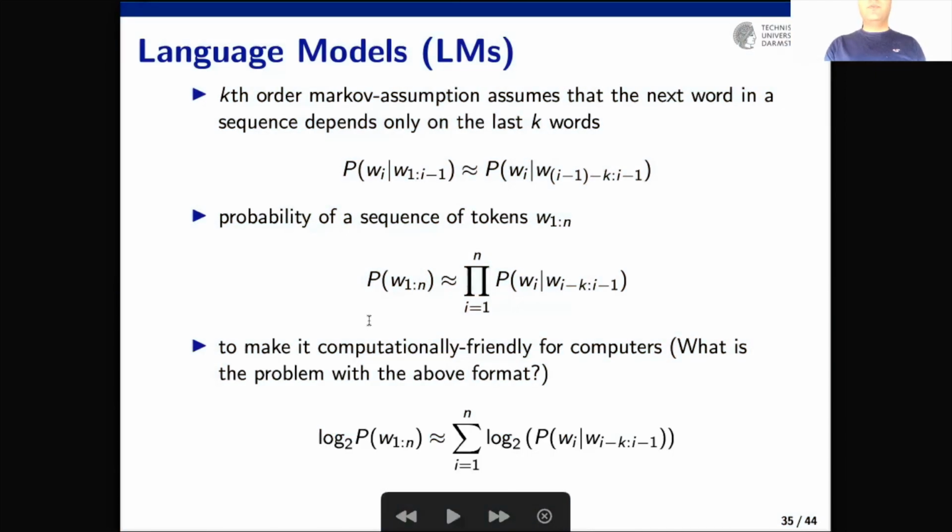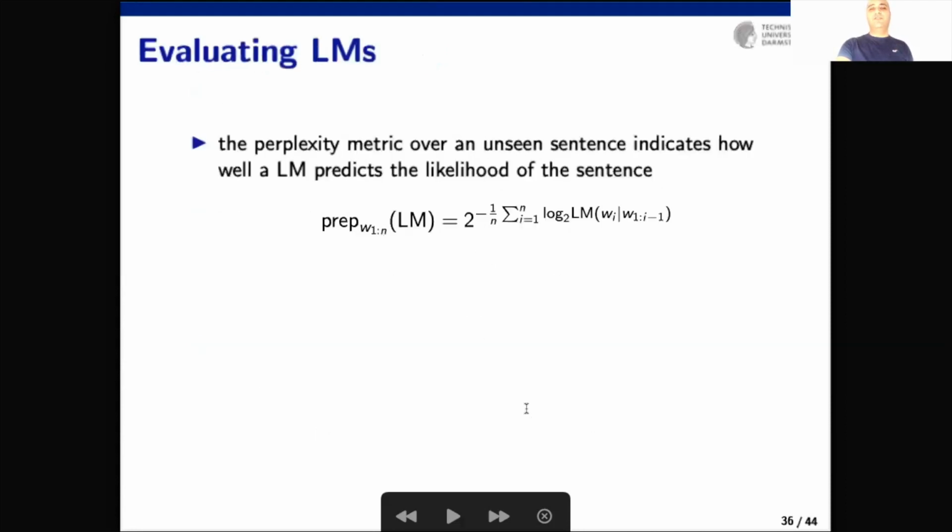So instead of computing the probability directly, we compute the log of the probability. And since we have the log, and the log of a product is the summation of logs, right? So we can easily write it like this. And instead of a product, we have a sum, and then we do not have any computational issue.